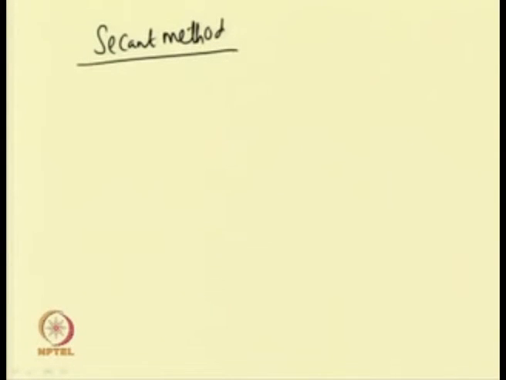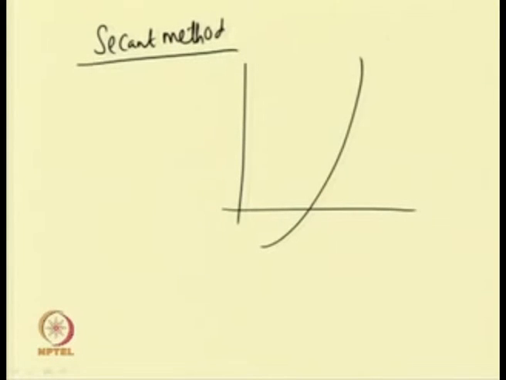So, in case of the secant method, we can use a secant. A secant to a curve is the straight line which passes through 2 points on the curve. So, this is the curve.